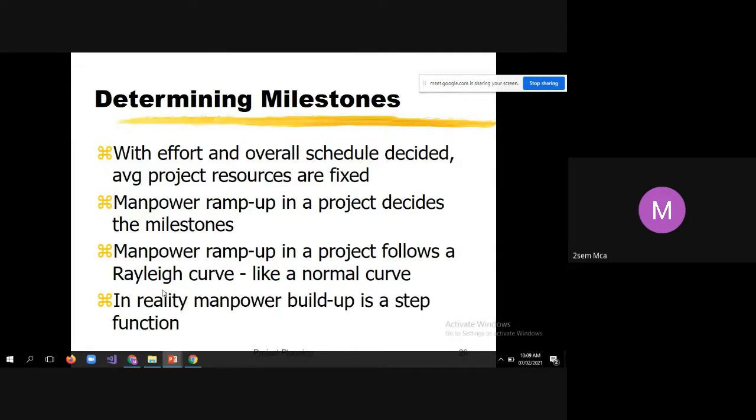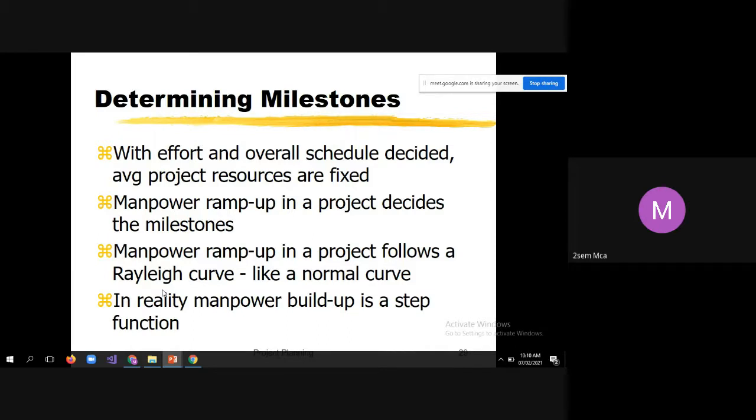In reality, manpower buildup is a step function. The meaning of step function is, let us assume there is one fresher, and if you simply assign some work, he cannot do it. So you ask him to work along with one senior developer, so that the senior developer will handhold him every day in each and every phase of his work.